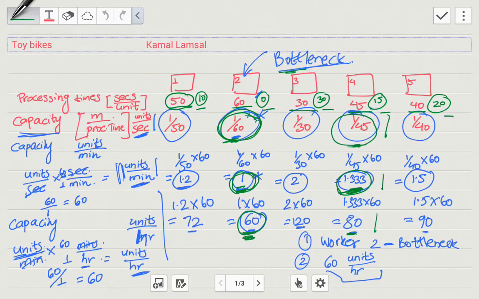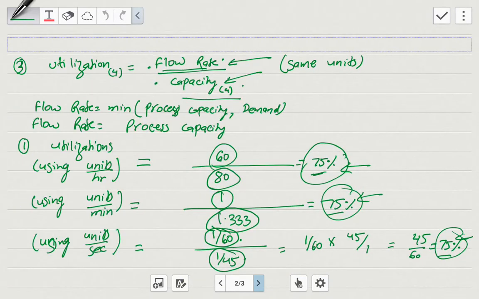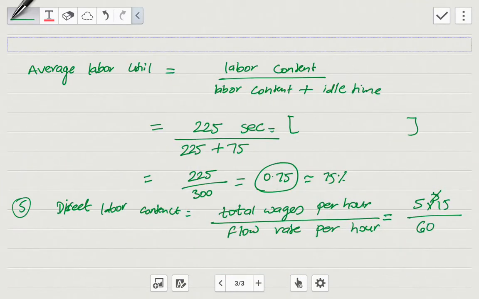The flow rate per hour is the process capacity expressed in units per hour, which is again the same as the capacity of the bottleneck. So we produce 60 units per hour. Thus, the cost of direct labor is 15 multiplied by 5, which is $75, and the flow rate per hour is 60. So the direct labor cost is $1.25 per unit.